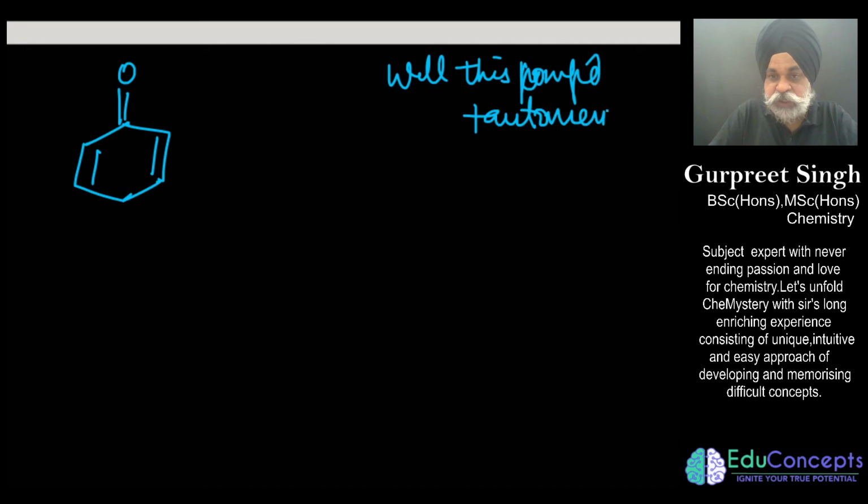Is it possible? This also is a very important question. Here this is alpha, this hydrogen is beta, and I may say this hydrogen is gamma. So which of these hydrogens is enolizable?